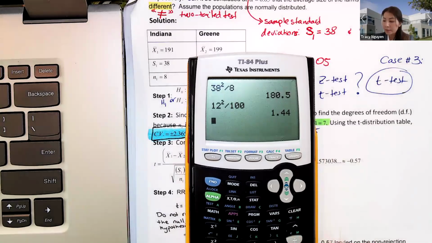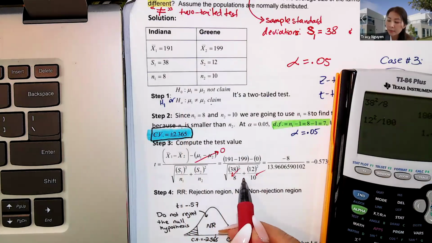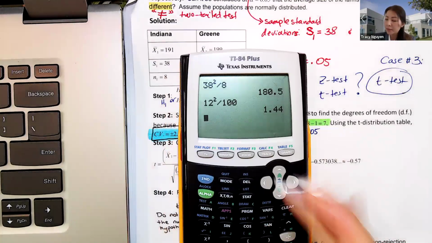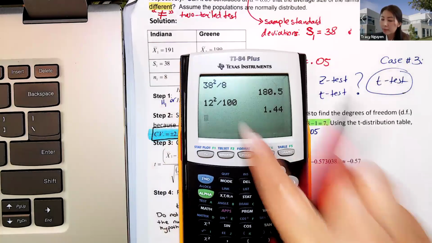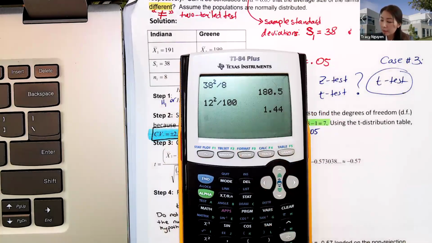That means I'm done with these two computations, and I'm going to put a check next to it. Next, I'm going to add the results and take the square root. That will give me the denominator. Sorry, this is supposed to be dividing by 10. Let me redo this part: 12 squared dividing by 10.